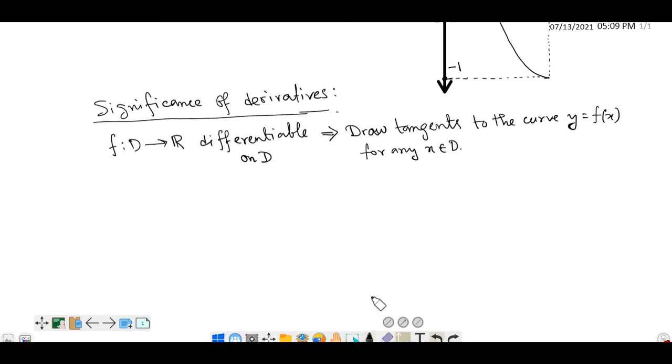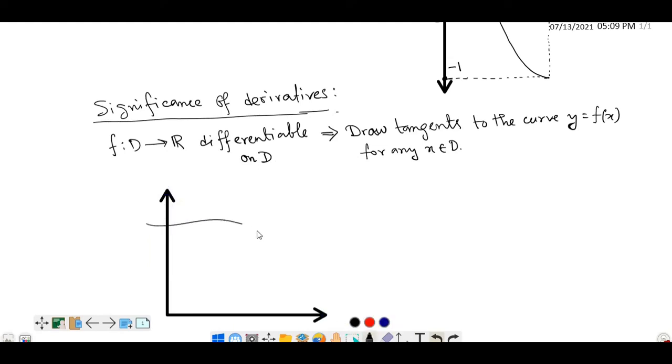So suppose this is the graph of f of x, and this is one of the points x. You can say this is the height f of x, and the coordinates of this point will be x comma f of x.